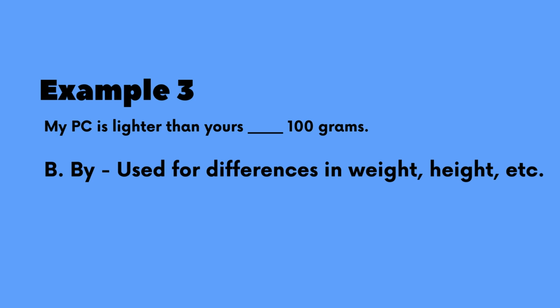That's the best answer that I think. So "by" could be used for differences in weight, height, and etc. So lighter than yours by, I'm taller than you by this much. This is heavier than this by so much. So "by" could be the correct answer.